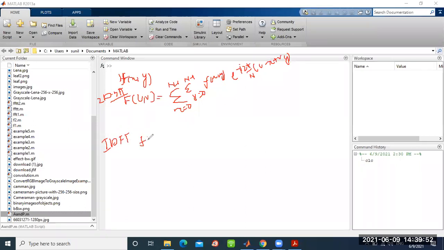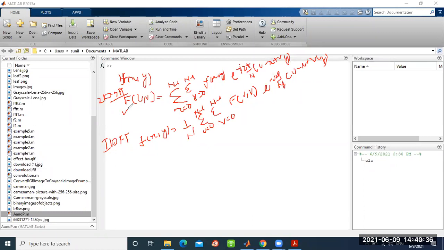So it is given by f of x, y equal to 1 upon n, summation of u equal to 0 to n minus 1, summation of v equal to 0 to n minus 1, capital F of u, v, e to the power of minus j 2 pi n (ux plus vy). Okay, so these are two mathematical formulas.